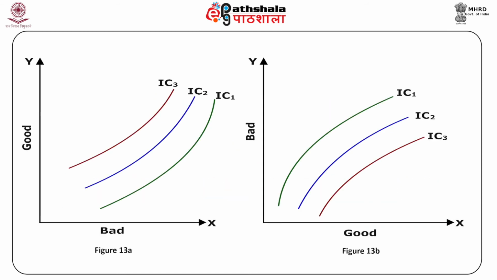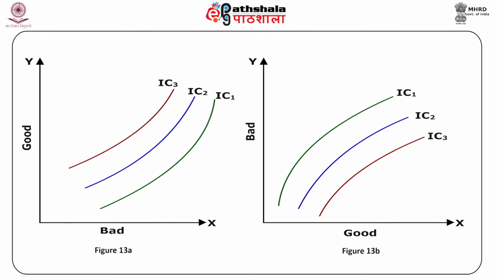Next, good, bad and neutral commodities. If a commodity is good, more of the commodity is always preferable to less of that commodity. We have explained the indifference curves of such commodities, which slope downward and are convex to the origin. On the contrary, when a commodity is bad, more of it will lower the consumer's satisfaction.